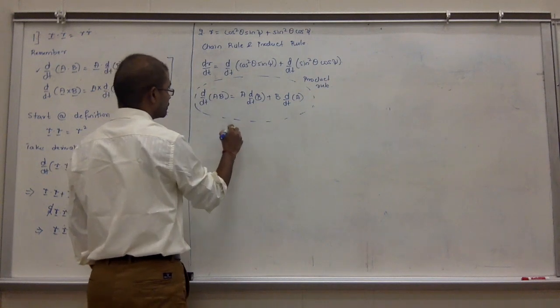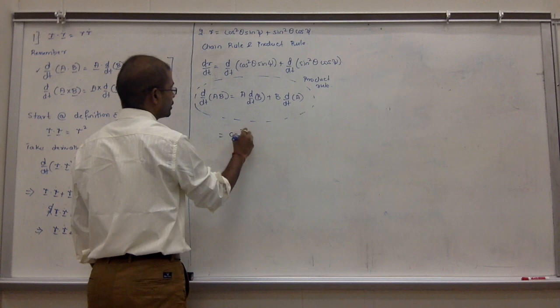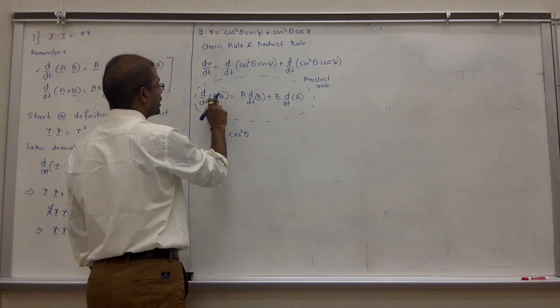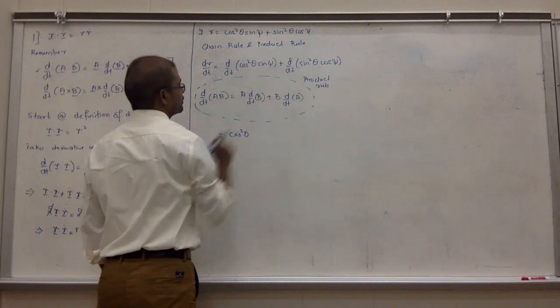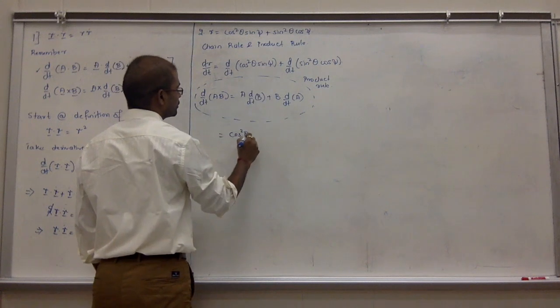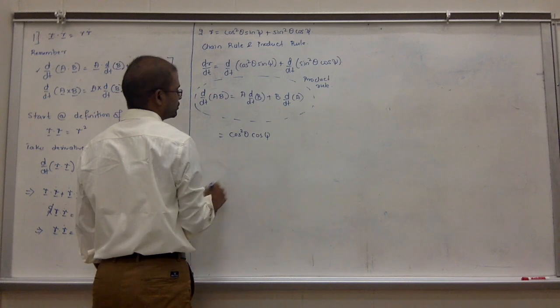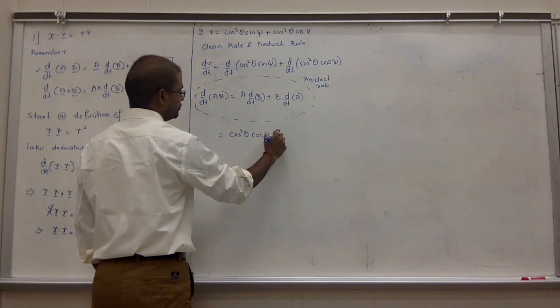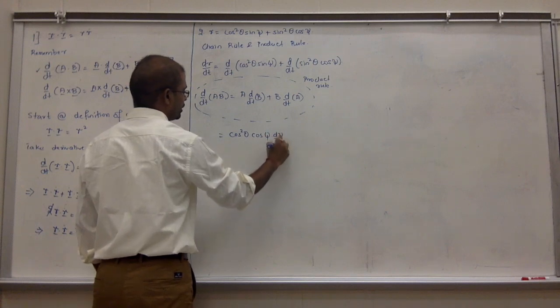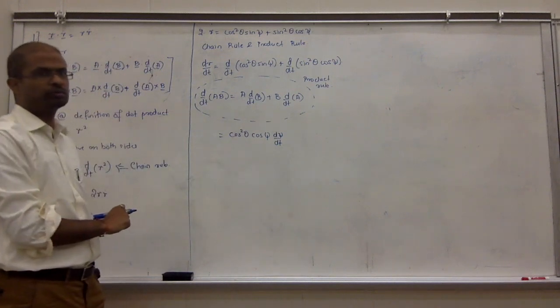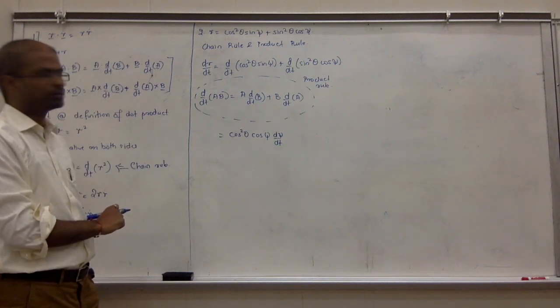You're going to get cosine square theta, okay? A is as it is. So you have to apply this for this and this. Cosine square theta, d over dt of sine psi is cosine psi into d psi by dt. This is the chain rule, right?